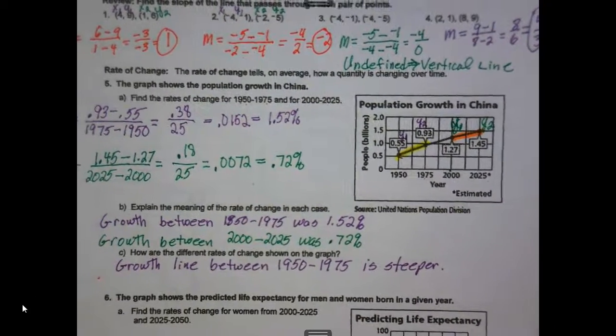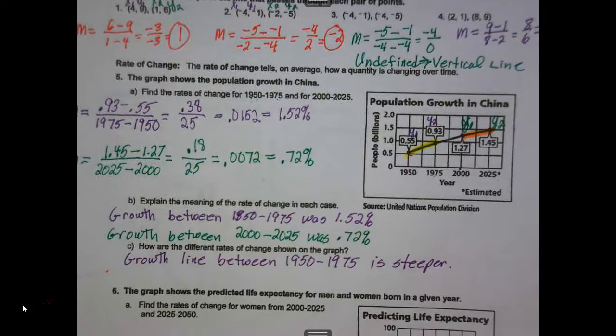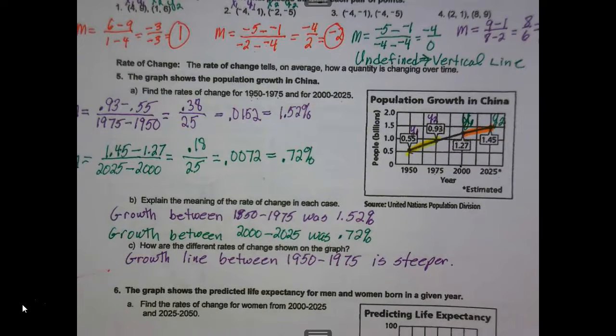Now, I know there's a lot of gray area here. If you got something close to this as far as explanations, that's fine. Maybe say something like, well, earlier it was a higher slope or steeper or something like that. All right, so you're supposed to do that on number 6.